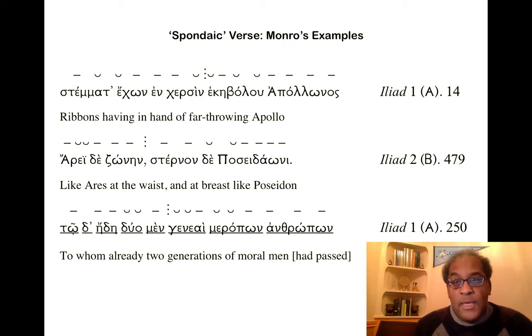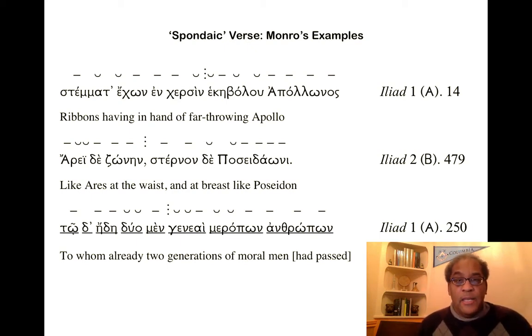Likewise, in the excerpt from the second book of the Iliad, line 479, we have "Areides done, sternon de Poseidaone." We have da, da, da, da at the end of the line. And again, the name of a god.